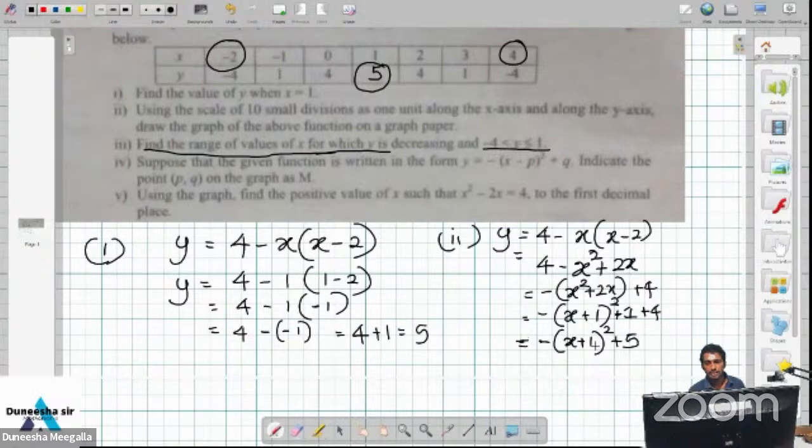What is our equation? It's when minus 1. Then indicate the suppose P and Q. Okay. We wrote the equation like that. Okay. Write down this equation.